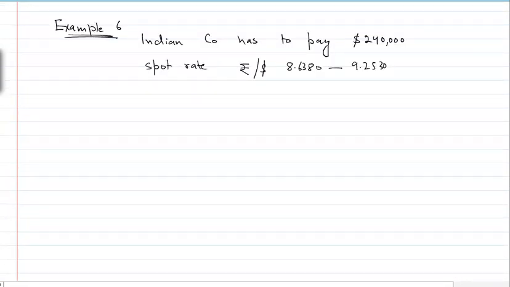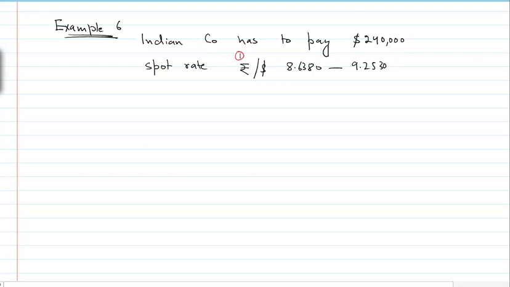Let's see the last one. An Indian company has to pay 240,000 and the spot rate is this. So the first thing we have to see is that here the quote currency is Indian rupees. And if the Indian company has to pay $240,000, what is the first thing it is going to do? Is it going to buy the quote currency or sell the quote currency?